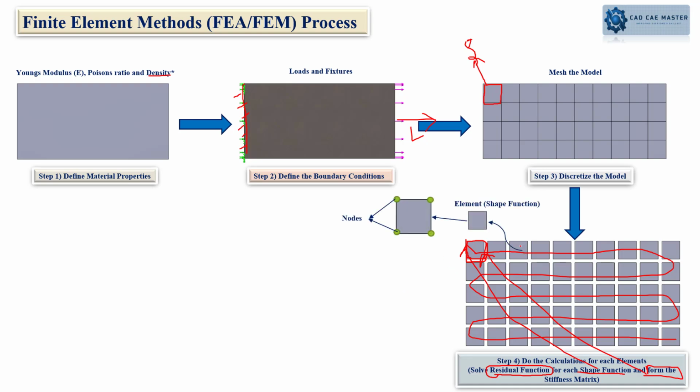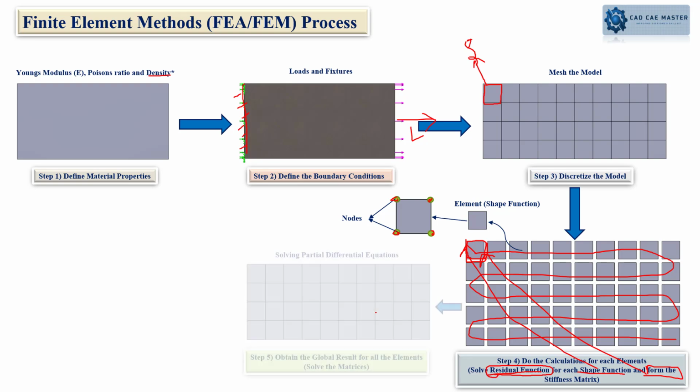So here if you could see, if you consider this element here, we call it in short a shape function. For this one, we have the nodes. On these particular nodes, we're gonna extract the results by solving the residual function.